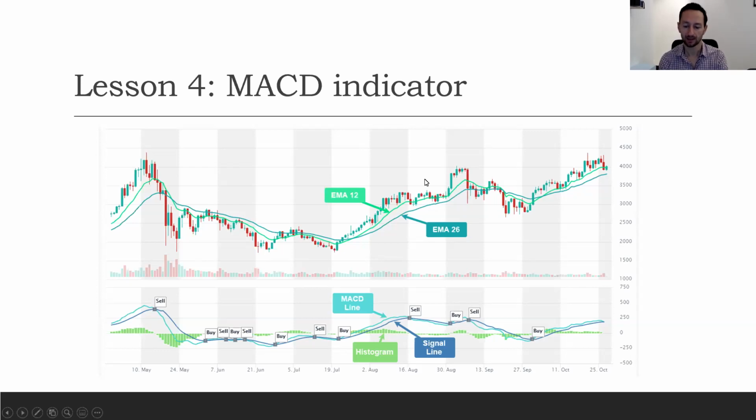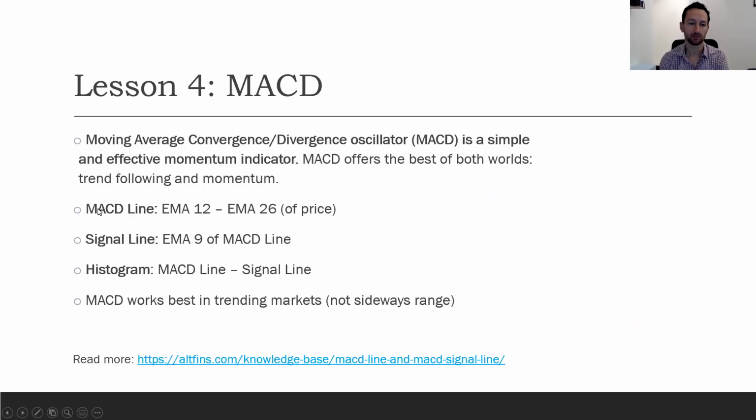So the MACD indicator, as indicated in the prior slide, first the system calculates the MACD line, and the MACD line is basically the difference between the 12-day exponential moving average and the 26-day exponential moving average.